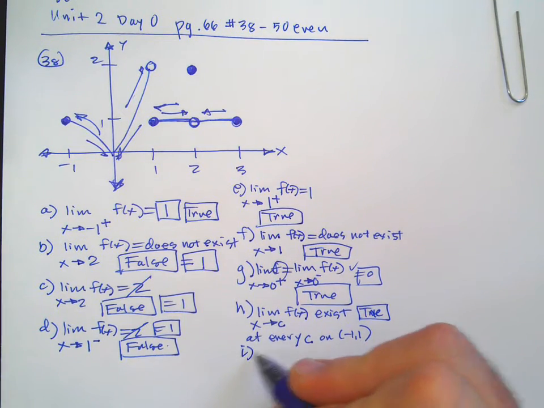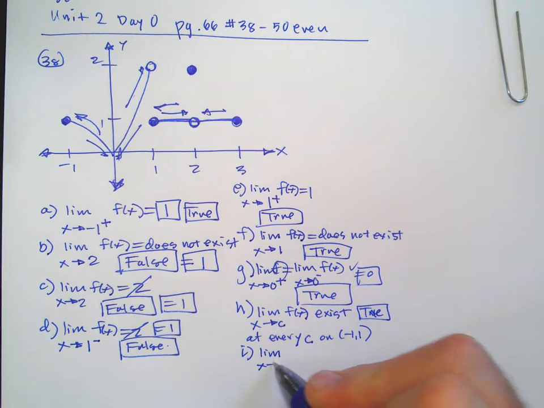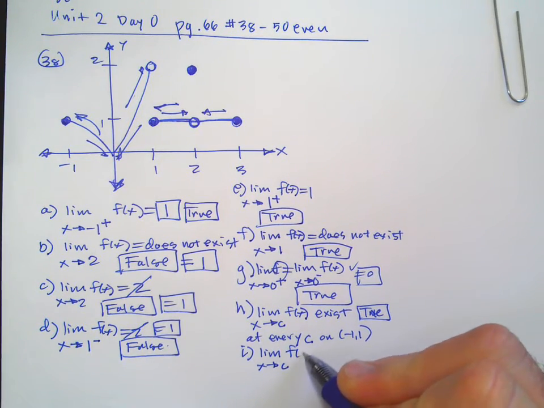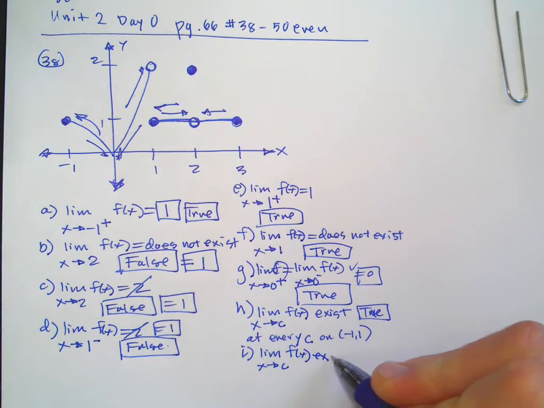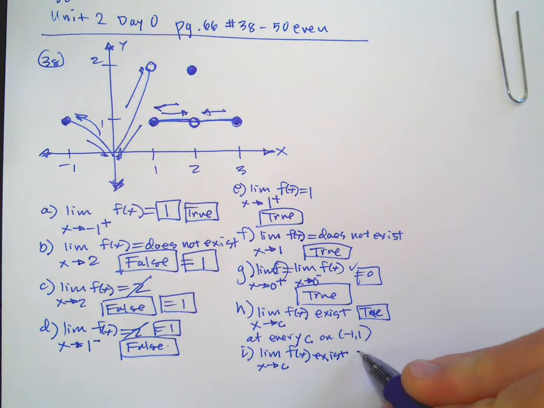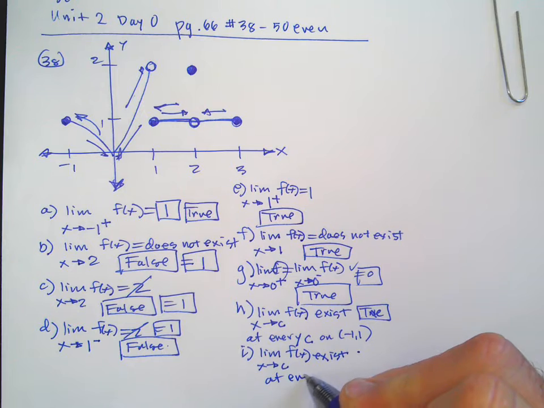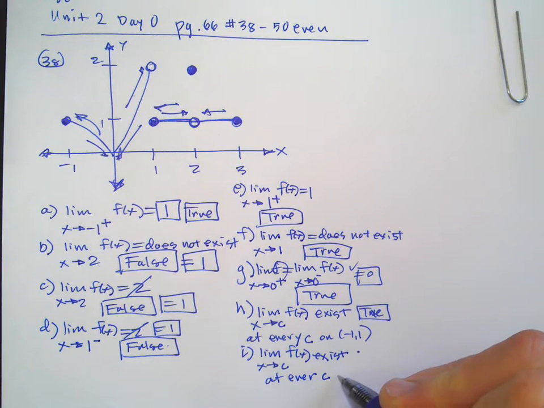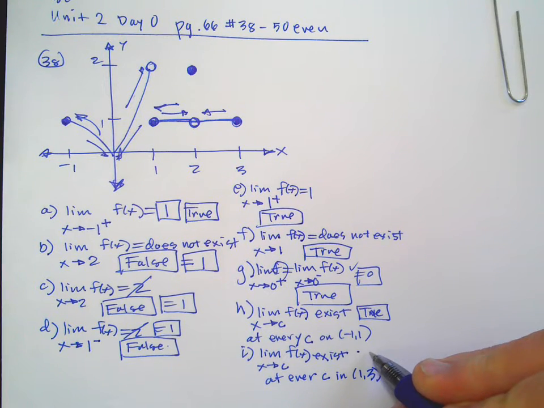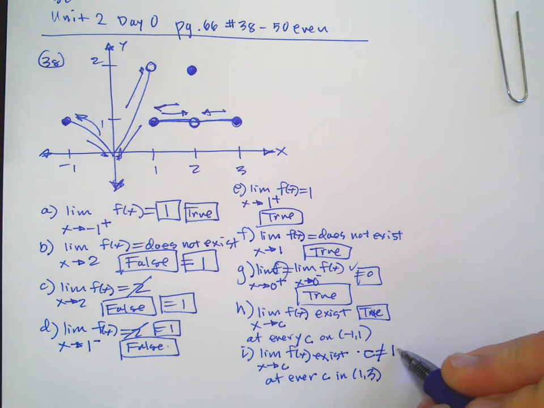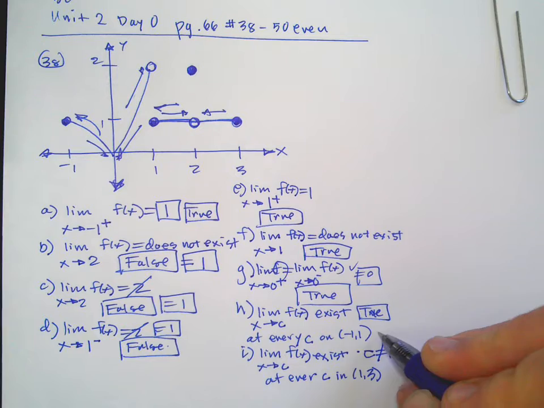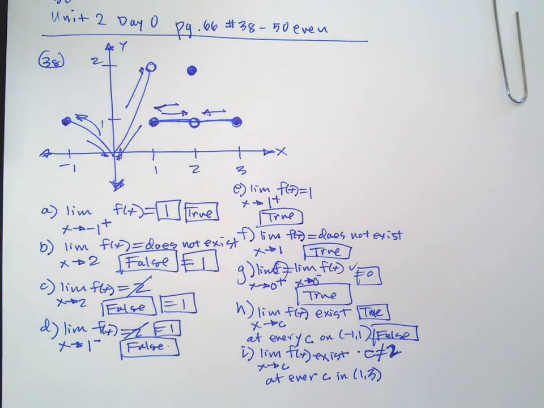And then I, the limit as x approaches c of f of x exists at every c in 1 to 3? No, it doesn't exist at 1. Well, that's fine. It doesn't exist at 2. That's the main one. So this one's false. All right. So that's 38.